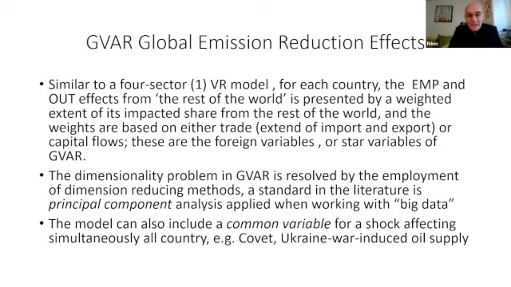Now, the interesting aspect of it is how GVAR overcomes the following problem. Think of, for example, our model is very small. I'm going to show you that we've only got five countries.